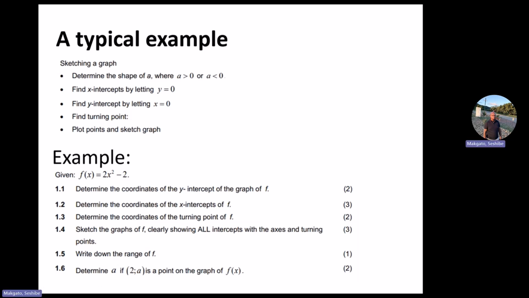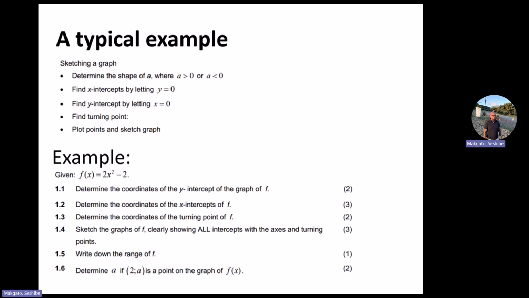Maybe let's look at a typical example. How do you sketch a graph when you are given a function? I think the first point is to determine the shape, from a. The shape of a function depends on whether your a is greater than 0 or your a is less than 0. It is either facing up or facing down, depending on the value of a.